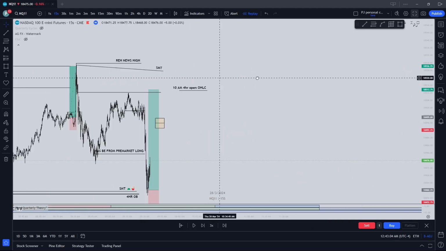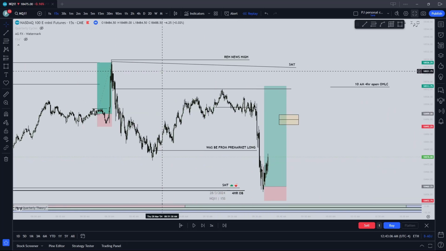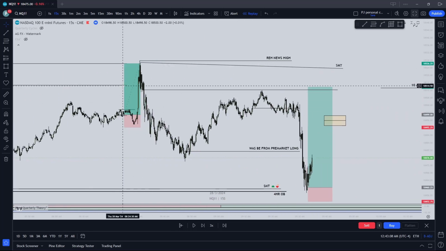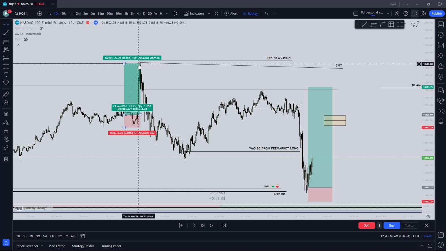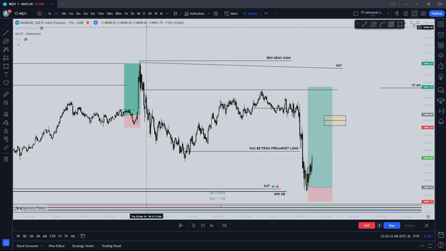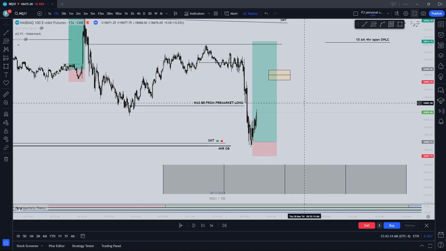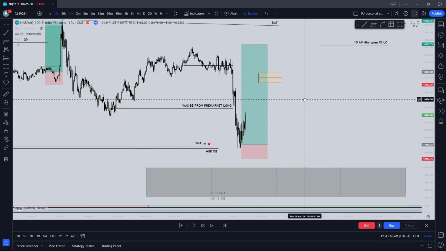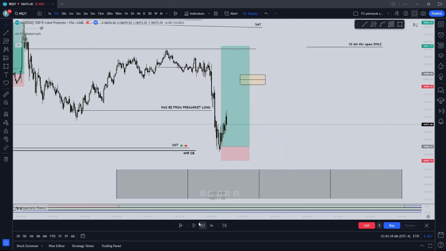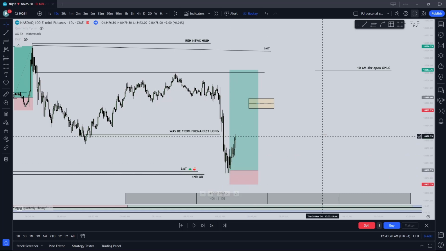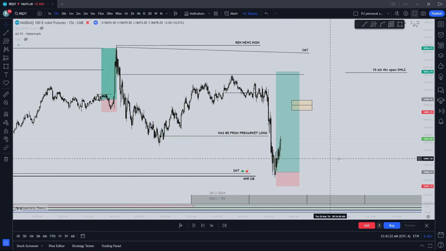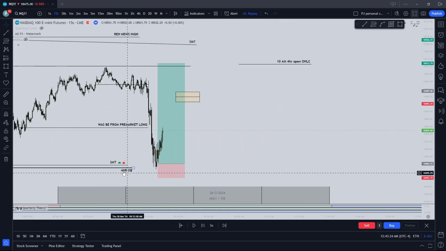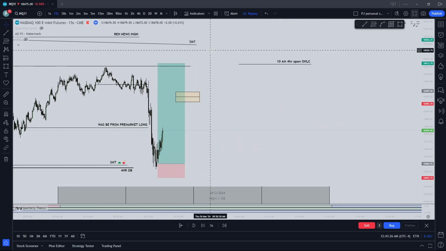Even though it did sweep a liquidity level, it didn't aggressively sweep and then displace back down, such as this low did, right? And then we did come take this lower later in the day, but we barely swept this low.